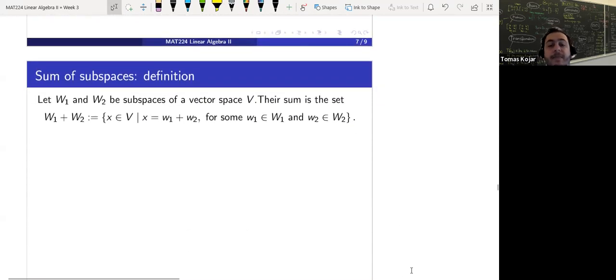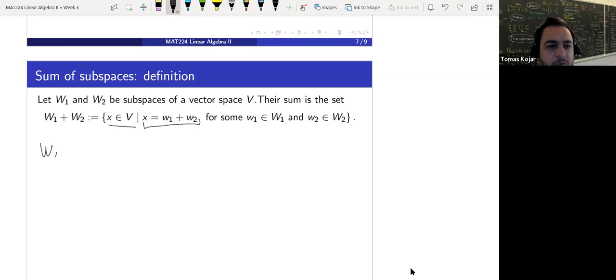And their sum is the following set. So you take all the x from the vector space V, and you can write it in the following way as W1 plus W2. So I should do an example right here.